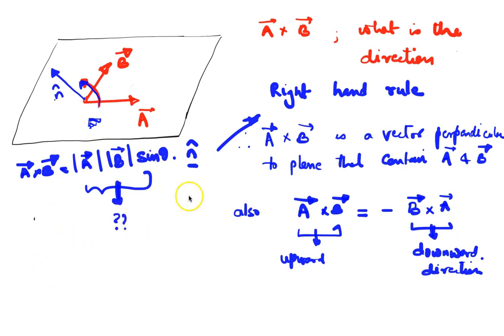In the previous video, we saw that this is nothing but the area of a parallelogram with sides as A vector and B vector.